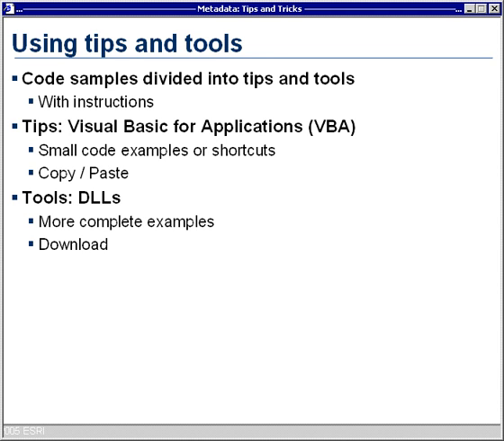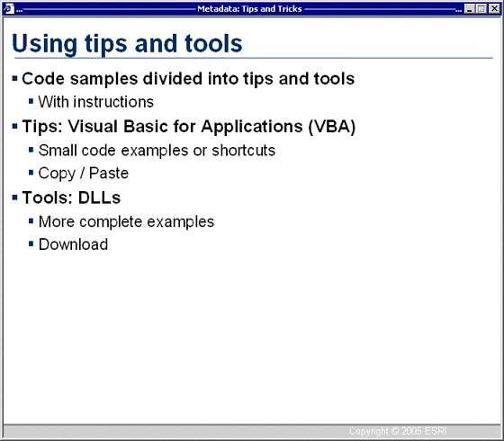Regardless of the type, the samples all come with documentation that describes what the sample does. There are instructions for how to set up the sample and use it. Tips are small code examples that run in Visual Basic for Applications, or VBA, that installs with ArcGIS. And an easy way to get started with these samples is just to copy the code from the help, then paste it into the VB editor and run it.